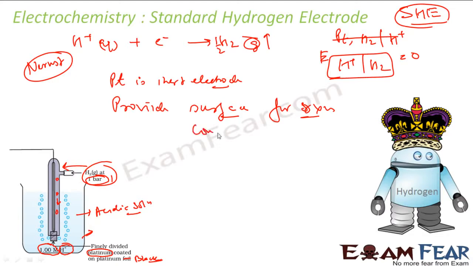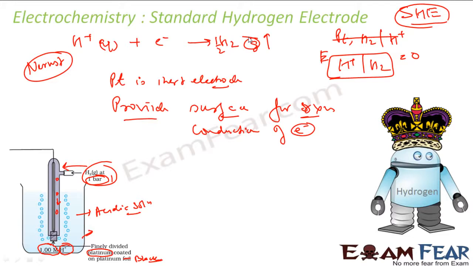right? Also, it will provide a platform for conduction of electrons. Whatever electron is generated, for example, now hydrogen gas will become H plus, right? So electron will be released. So platinum surface will help this reaction, correct? So platinum provides a surface for both oxidation and reduction reaction.